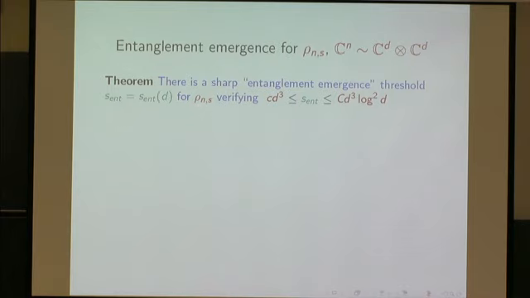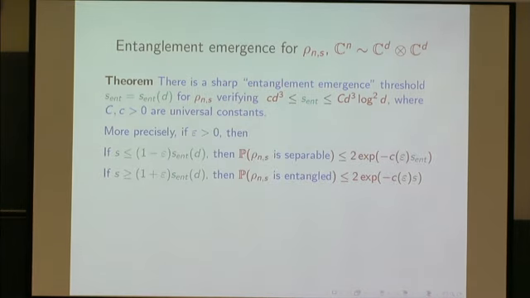It means that when this parameter s passes that threshold, which we don't know exactly, but we know that it's d cube up to logarithmic factors and some universal constants, then the following happens. If the dimension of the ancilla is smaller than 99%, or an arbitrary epsilon, of that threshold value, then the marginal is separable with very small probability, which means with probability almost 1 it is entangled. And the opposite behavior holds if it's larger than that: then it's typically separable.